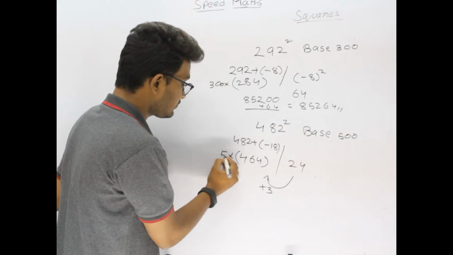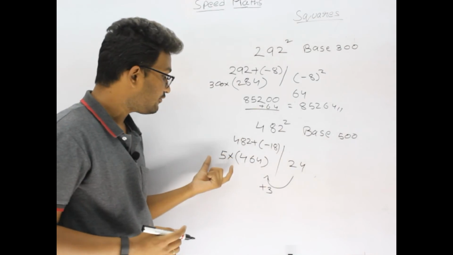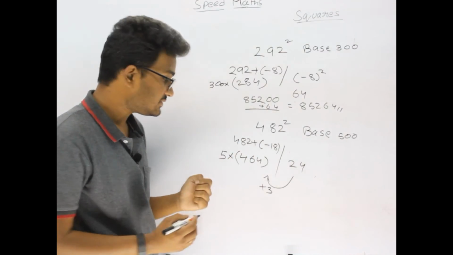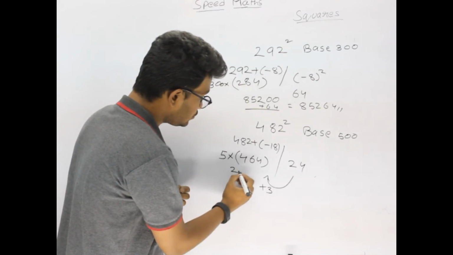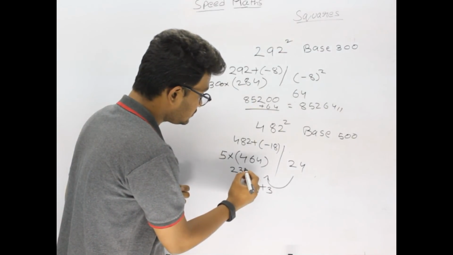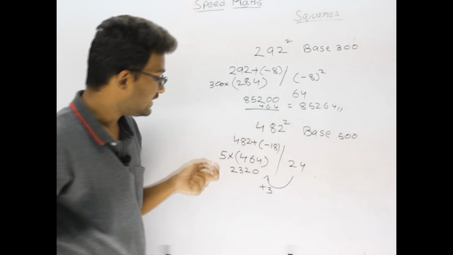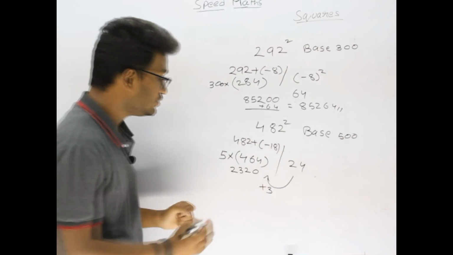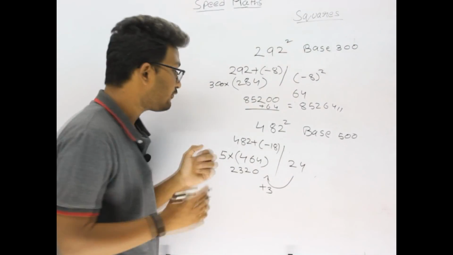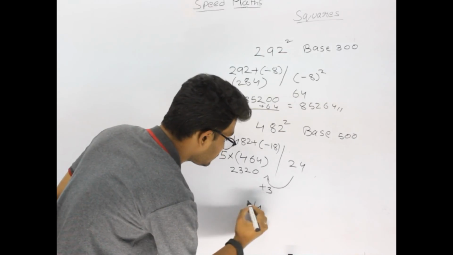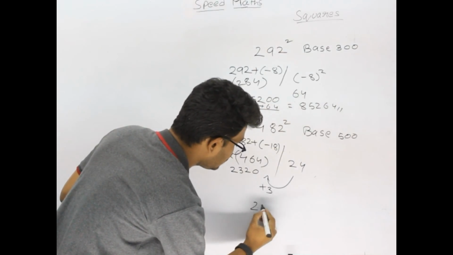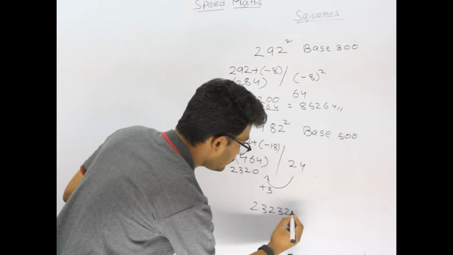So we have to multiply it with 5. 5 into 464 is 2320. And now we have to add this 3 also. So the total square of 482 will be 232324.